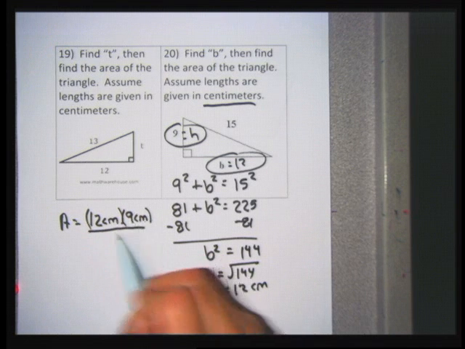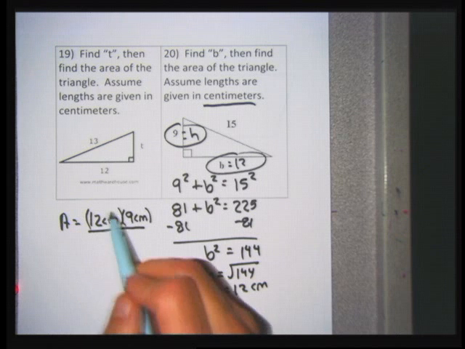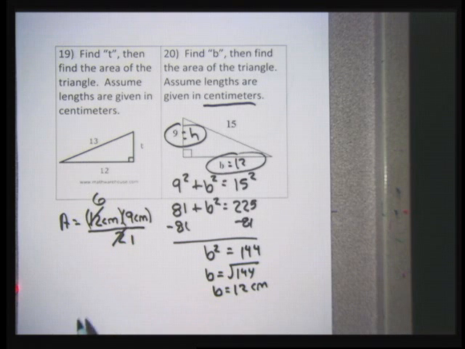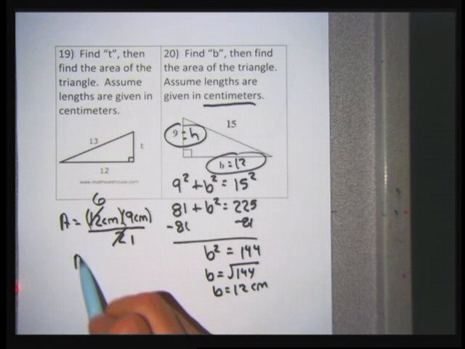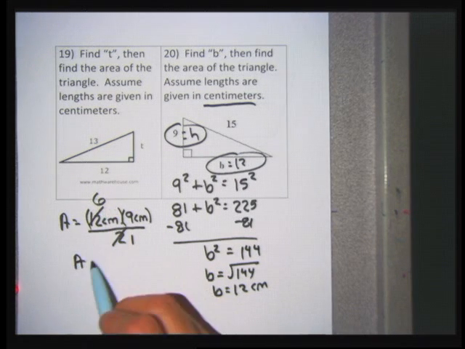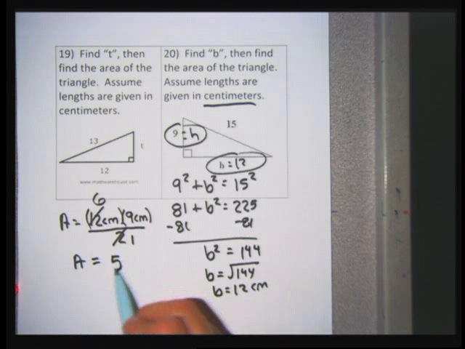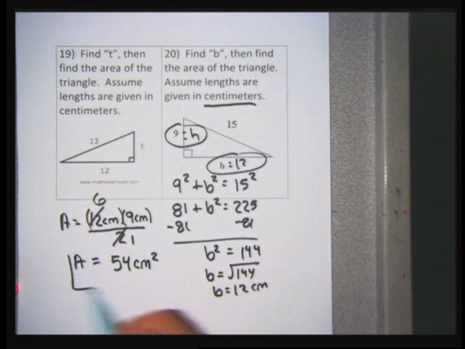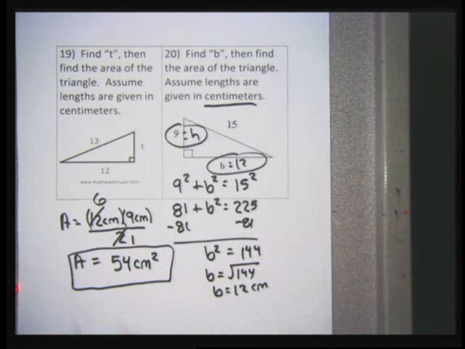And then divide by 2. I'm going to take the 12 and the 2 and divide it and get a 6 and a 1. Fraction's gone because it only has a 1 in the denominator. I'm going to multiply the 6 times 9 that's left in the numerator and get 54. And centimeters times centimeters are square centimeters. So for number 20, my answer should be 54 square centimeters.